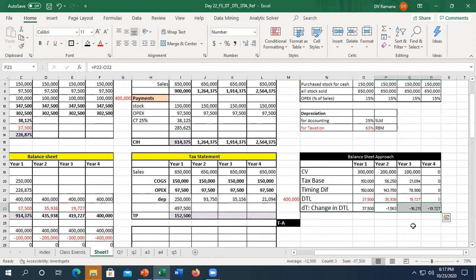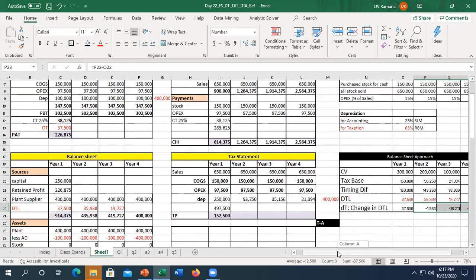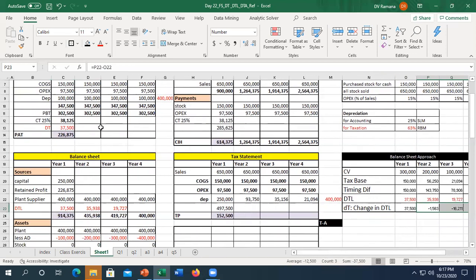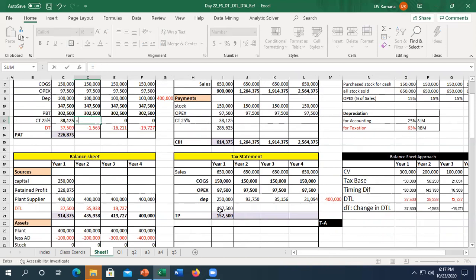And observe this, the change in the deferred tax liability is considered as an asset or a liability. In this case, because deferred tax liability is decreasing, we call that a deferred tax income. If the deferred tax liability goes up, it's a deferred tax expense. So in the subsequent years, the current tax is computed on the taxable income. Let us find that first.